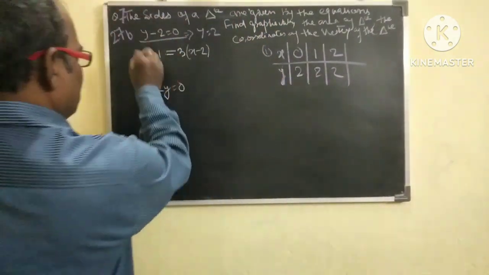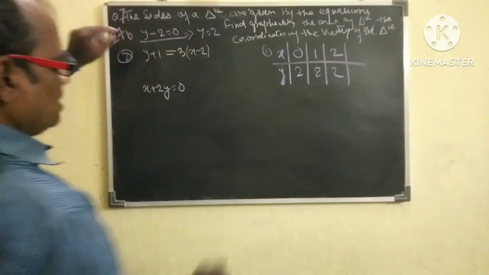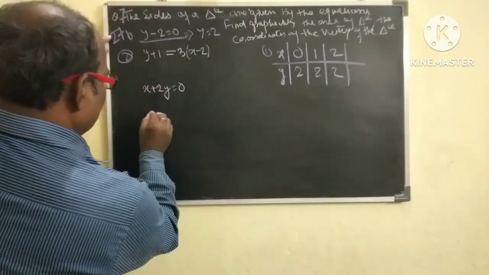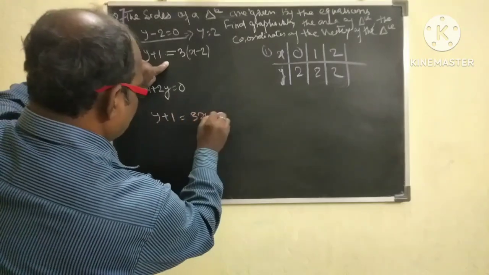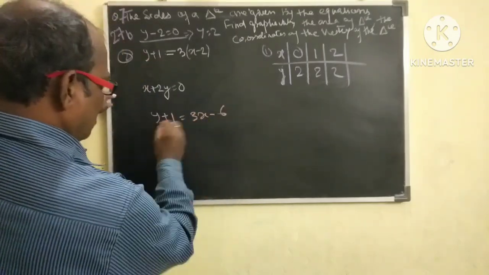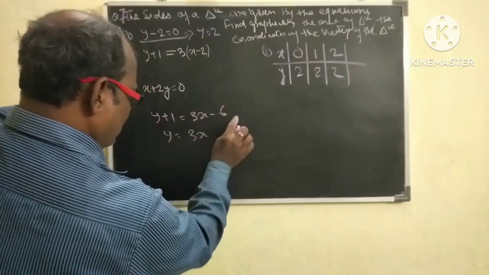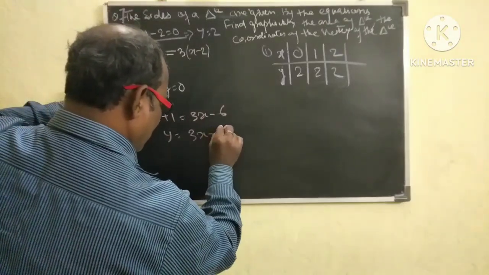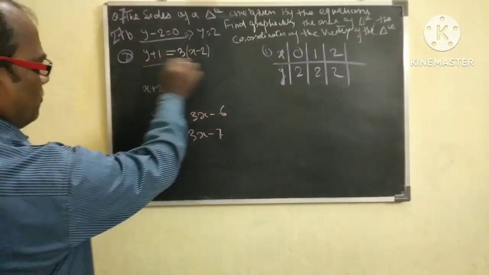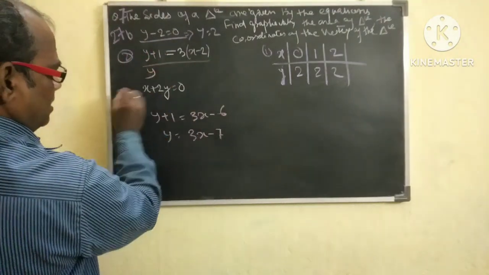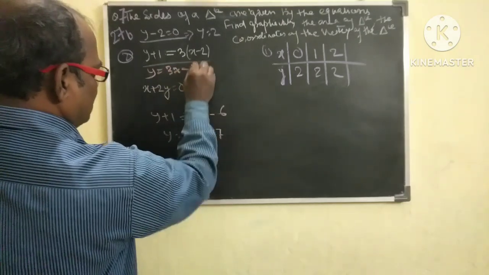Now number 2 is this equation. Let us first make this equation in simplest form. That is y plus 1 equals 3x minus 6. Now the 1 comes over here, it becomes minus 7. So we can write here y equals 3x minus 7.